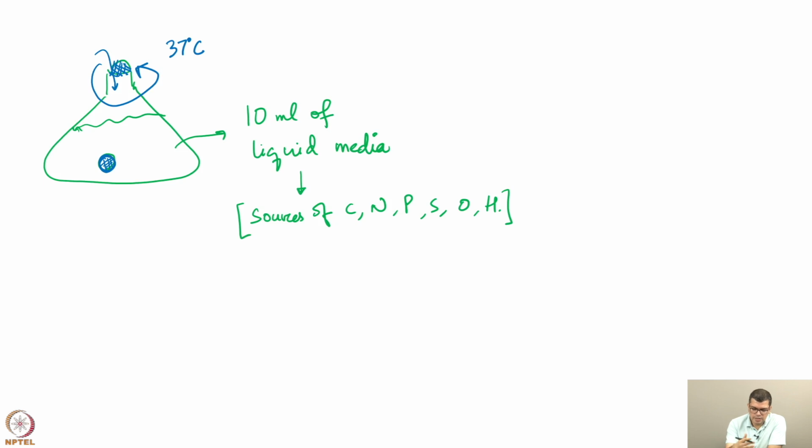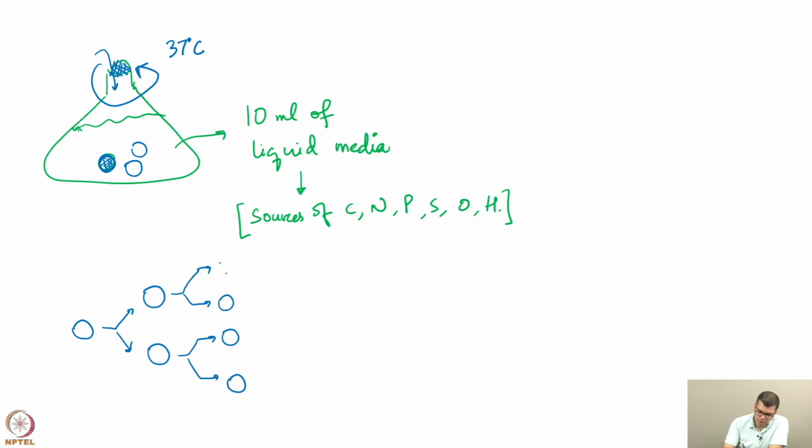So, under these conditions, if the nutrient conditions are just right, temperature is right, oxygenated conditions support growth vigorously, what is going to happen is that as this experiment proceeds, the bacteria is going to divide. It is going to divide first, and then we will have 2 progenies, and then these 2 will divide, and then we will have 4, and this process continues.